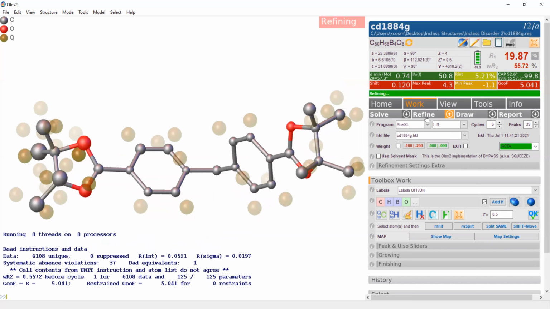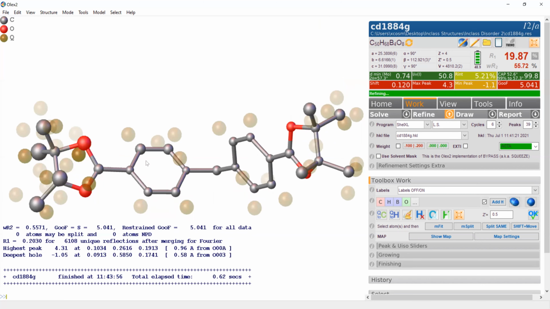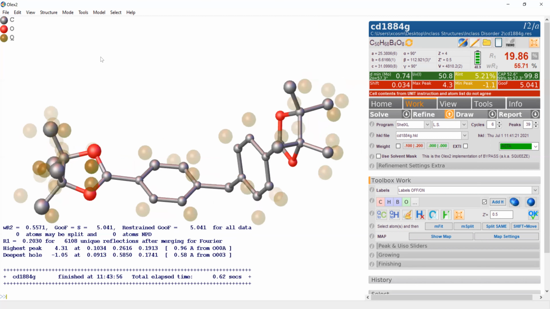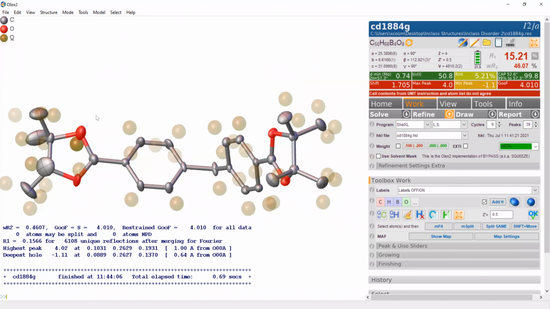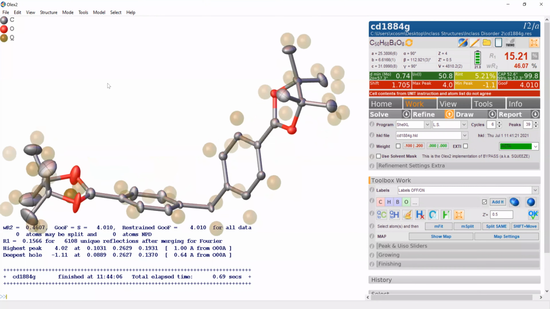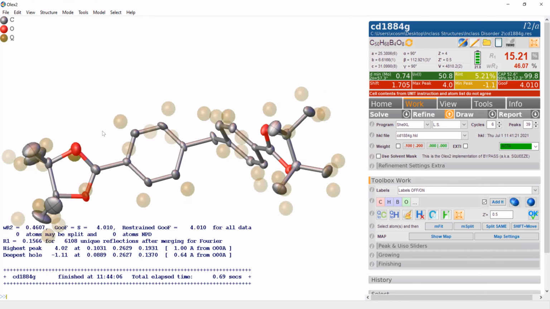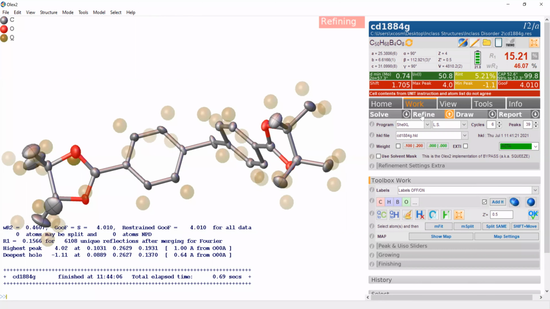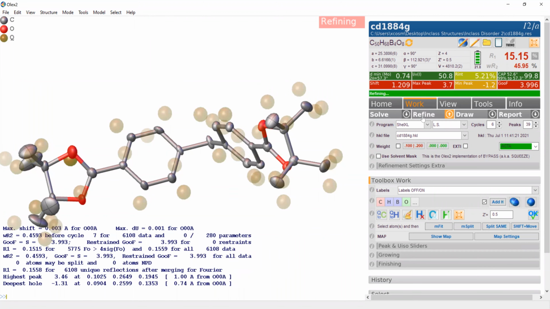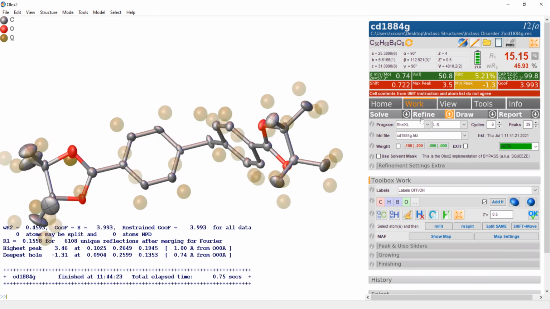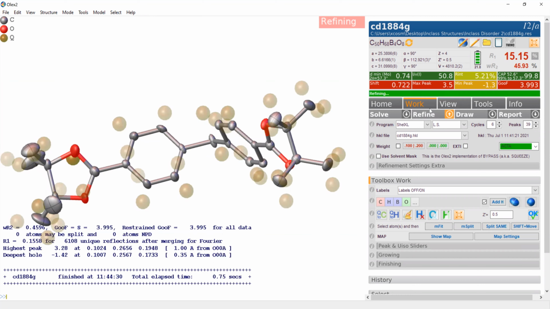Get it to converge. Now let's do anisotropic refinement. So I'm just refining for it to converge, to shift.